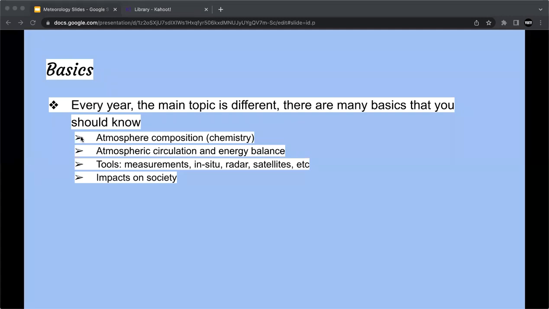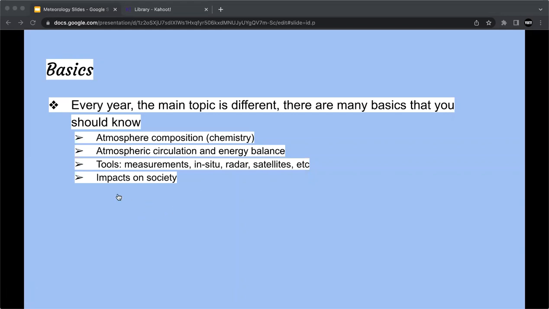Then we have radars and satellites, which are more remote and provide data from farther distances. And we also have to know the impacts on society. That's really important because that's the main reason we study meteorology: we want to predict how it might impact our everyday life or long-term life.